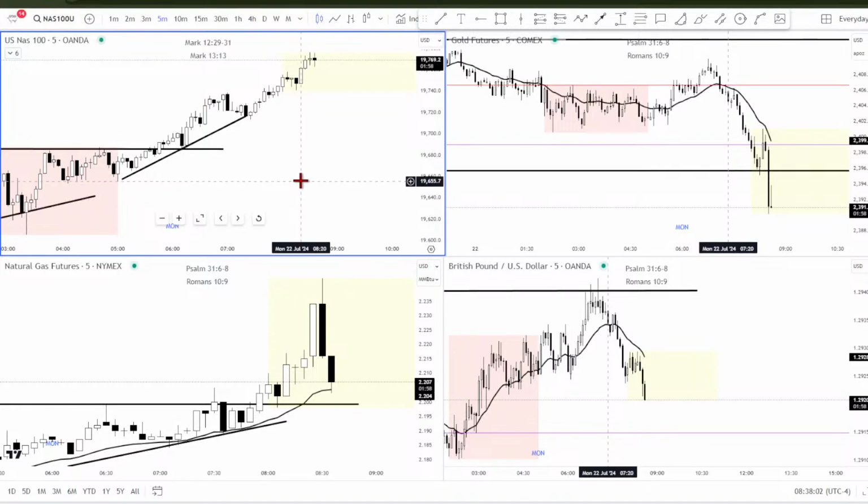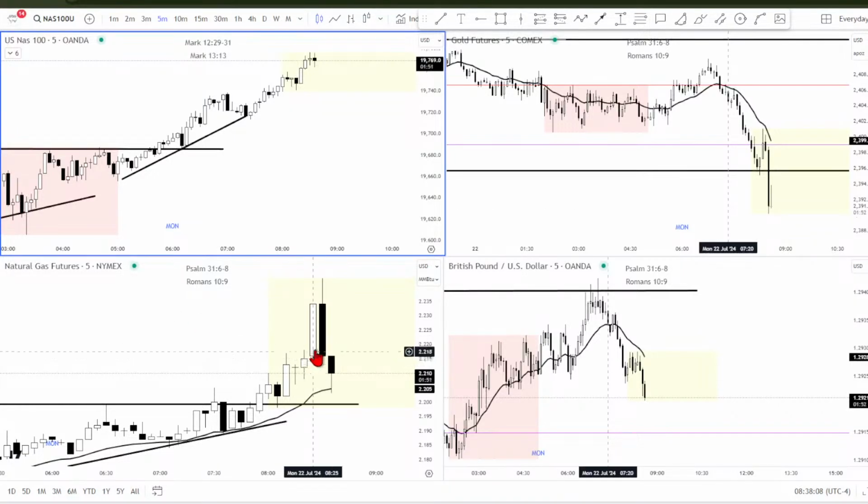All right, I just pulled up natural gas on my other screen. This was not an engulfment bar. They did not take out the low of the previous bar, which would have been ideal, but, you know, it is what it is. Looking for them to at least make a lower low on the 1 minute chart.